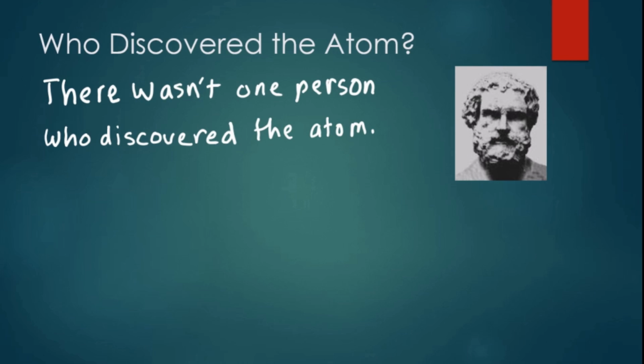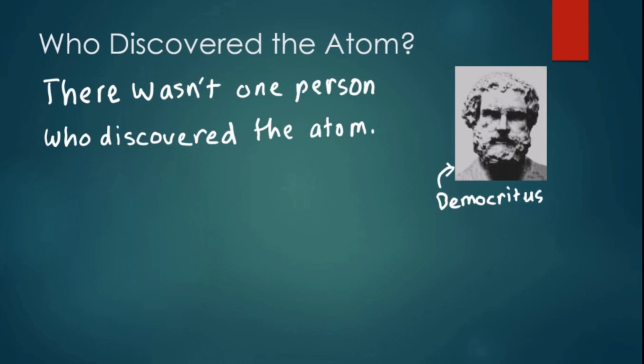The first person to come up with the idea was a Greek guy. The Greeks always do this stuff. Democritus. So he was the first to come up with the idea of the atom, and his idea was that atoms are indivisible.